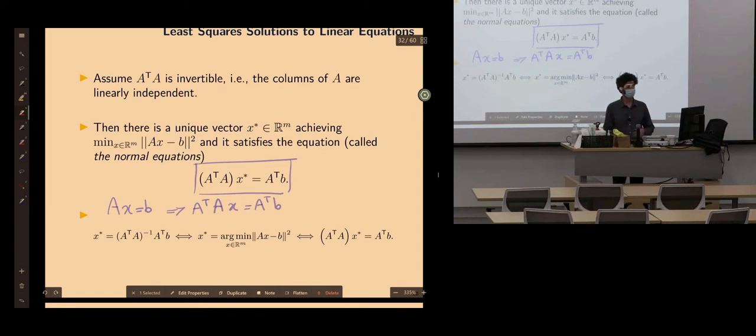Now, if A transpose A is invertible, of course we can invert it and solve the problem, which is the same as saying this is the argmin of minimizing that error. And it's the same thing as saying that x, the optimal value of x, satisfies the normal equation. All of these are equivalent.